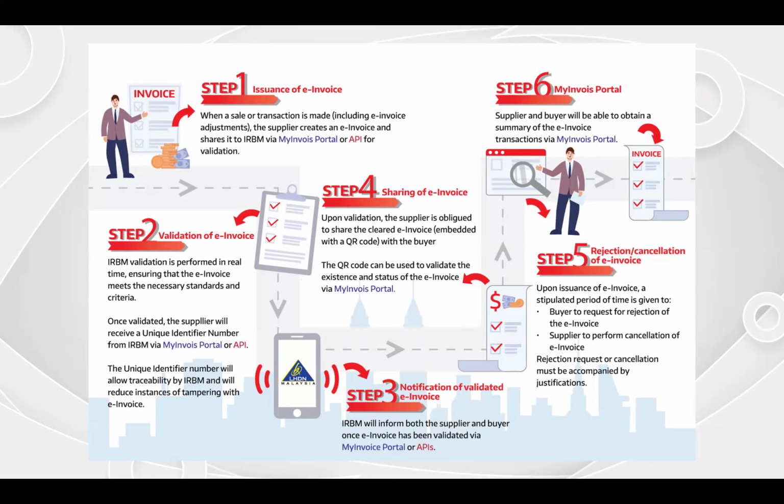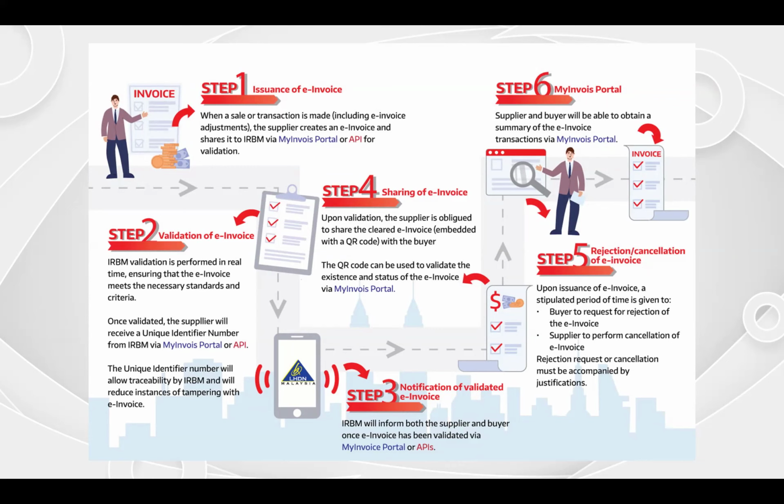That means you cannot cancel, reject, or edit the invoice after 72 hours, because after 72 hours the invoice will automatically become validated. You cannot change anything. The only way to change is to issue a CN or DN.